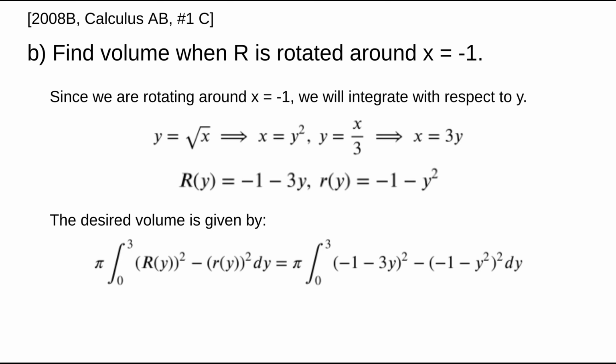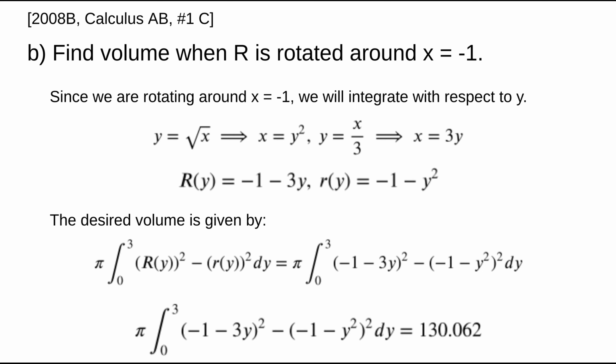The integrand is big R squared minus little r squared dy, which is pi times the integral from 0 to 3 of (-1 minus 3y) squared minus (-1 minus y squared) squared dy. Again, since this is a calculator active question, we're going to let our calculator find this volume for us. Using our calculator to do this integral, we get a volume of 130.062.